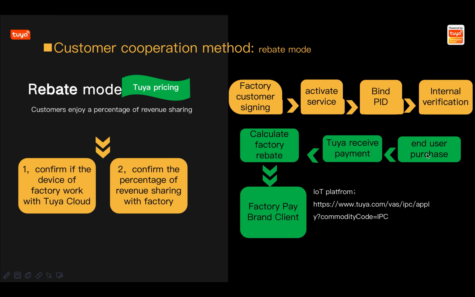The end user buys our service, Tuya receives the payment, then we calculate the rebate and pay it to the factory that produced this IP camera or device.